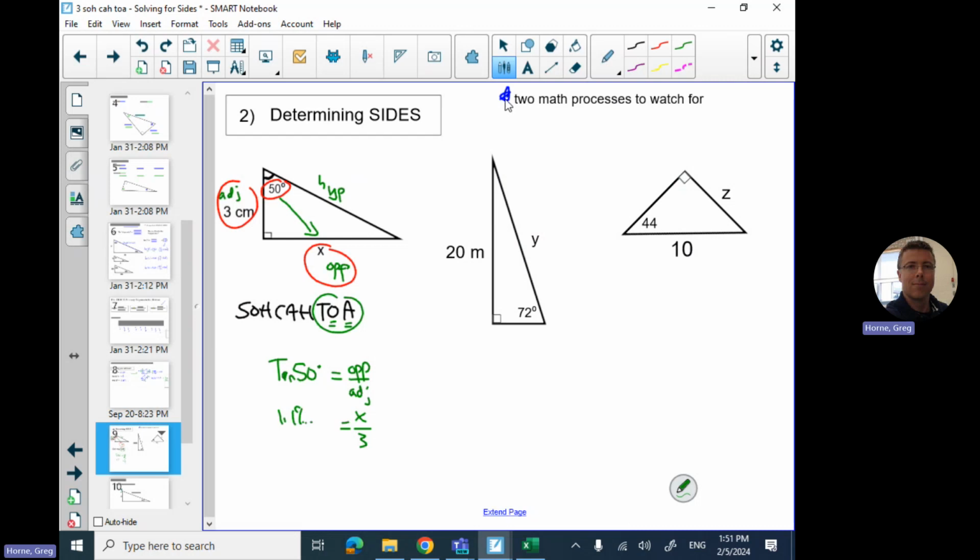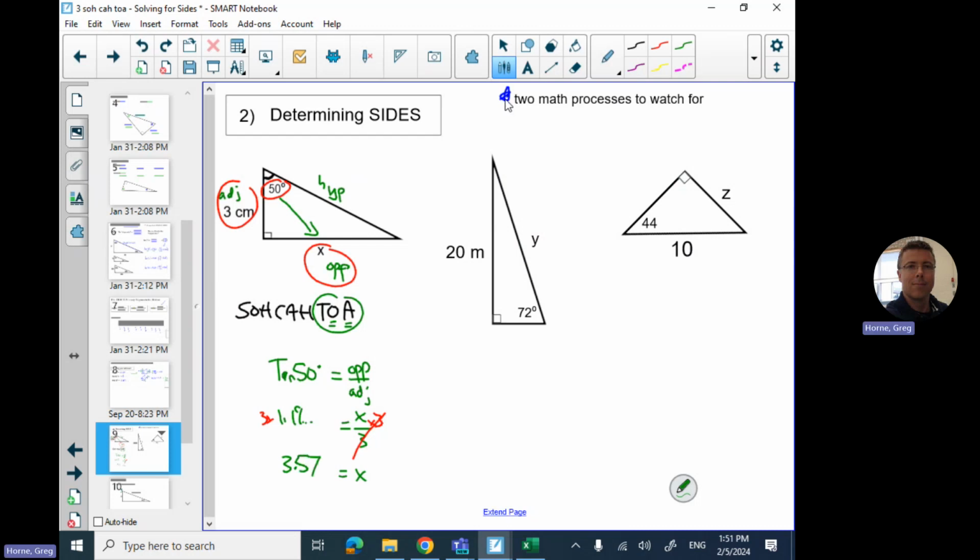So we'll multiply by 3 on both sides to get rid of that divide by 3, and we end up with X equal to 3 times that 1.19. The calculator gave me 3.575. If you use 1.19 times 3 rounded, it would be 3.57.